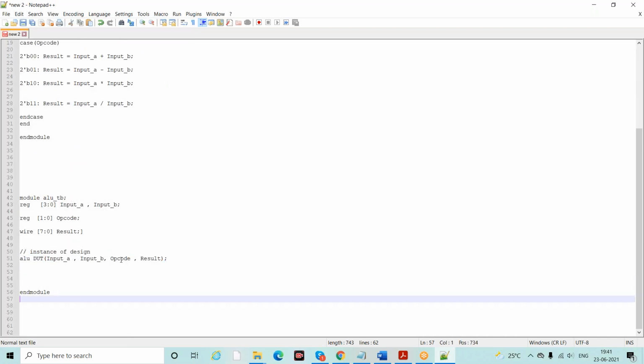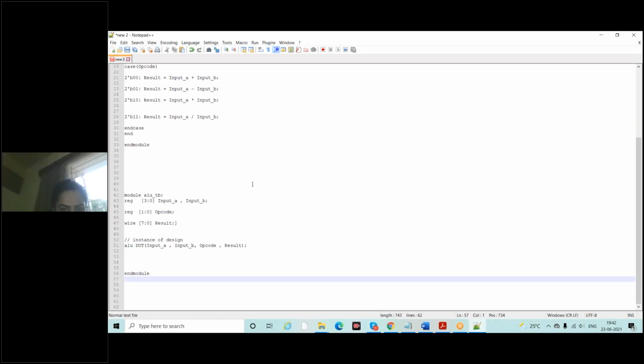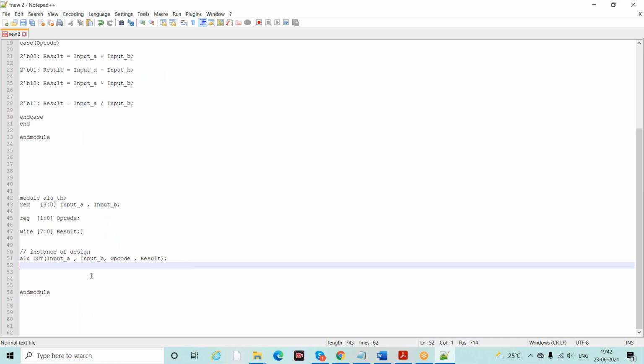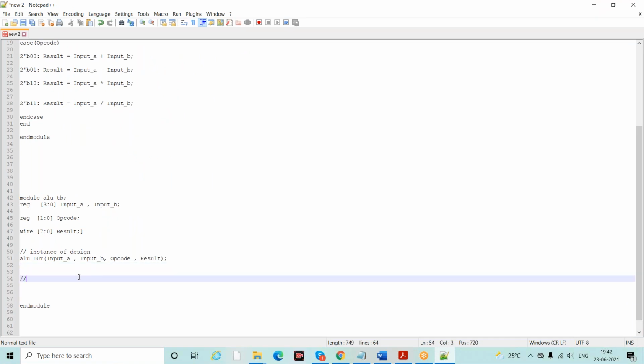Similarly, three inputs followed by output. You may ask, if anything is interchanged, what happens? That is a compilation error. So this is okay. This is the instance. Then we will move to the stimulus block.